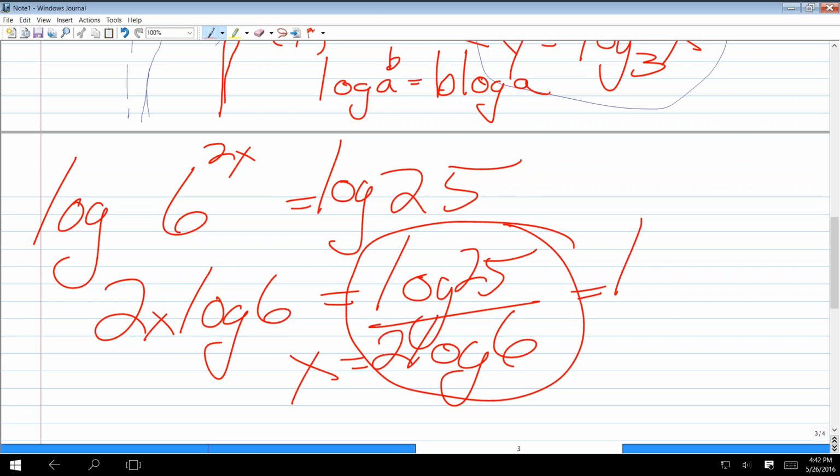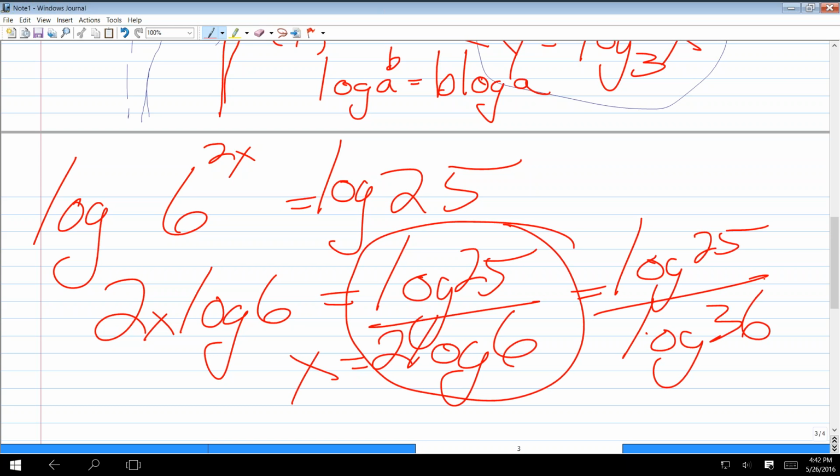Well, that's log of 25 divided by log of 6 squared, or 36. So it's that ratio. Well, guess what? That's the same as the ratio I got when I used natural log. Natural log of 25 divided by natural log of 36 is the same ratio as common log of 25 divided by common log of 36.